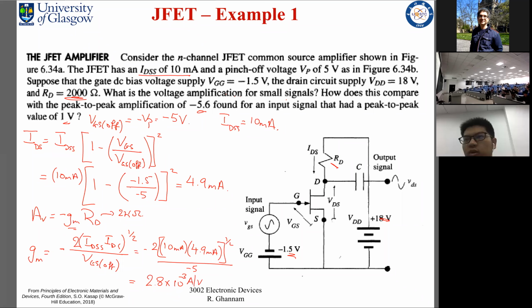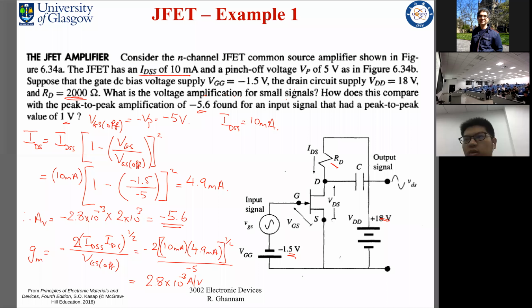Now we can go back and calculate what AV is. Therefore, AV equals minus 2.8 times 10 to the minus 3 times 2 times 10 to the 3. So this equals minus 5.6. So the gain is minus 5.6, and we have found the voltage amplification for the small signal.